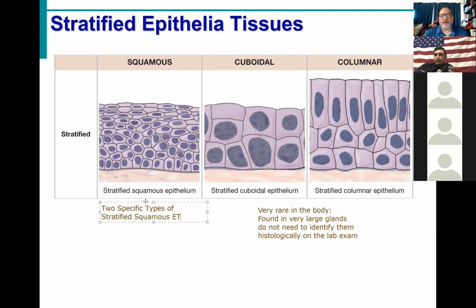No, but guess what? Both are stratified squamous epithelial tissues. They don't feel the same, but they're actually both stratified squamous epithelial tissues because you have two types. The difference between your cheek and the inside of your mouth is the inside of your mouth is wet and moist, and the outside of your skin is hard and dry.